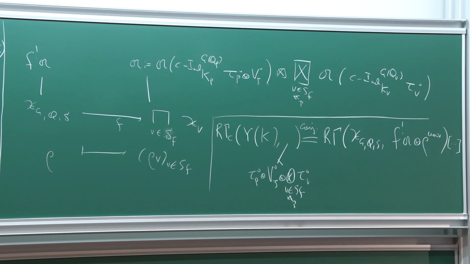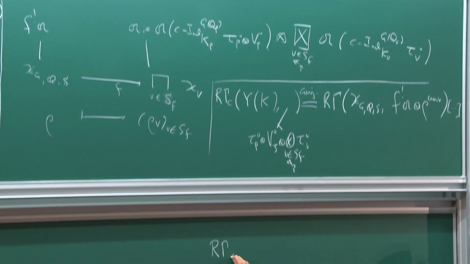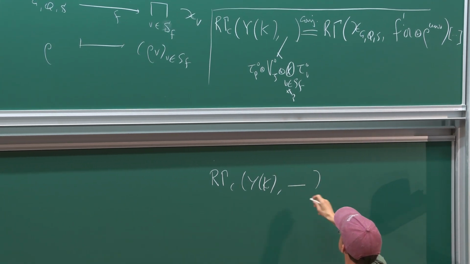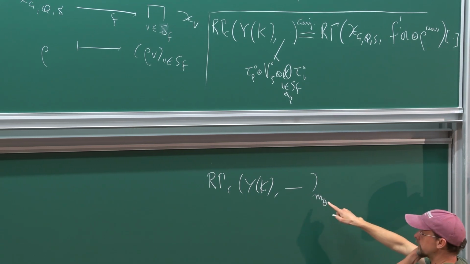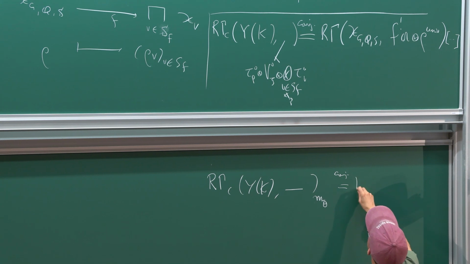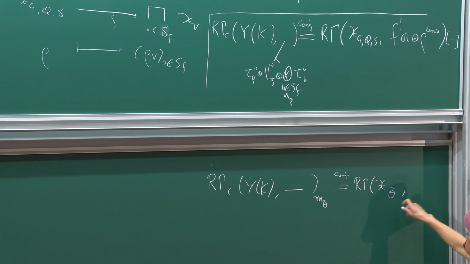So let me just write it underneath. So you have R Gamma_c of Y_K with the same local system, and then localized at the maximal ideal for some pseudo representation. That will be conjecturally equal to R Gamma on X, the stack, the connected component for that pseudo representation, of the same thing.